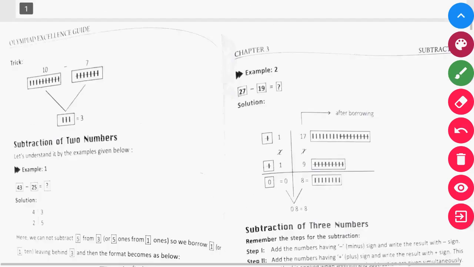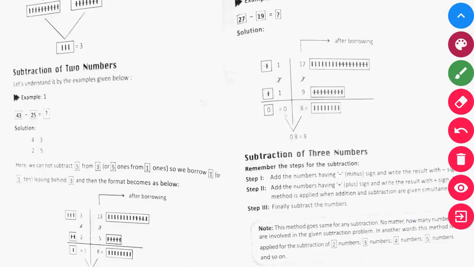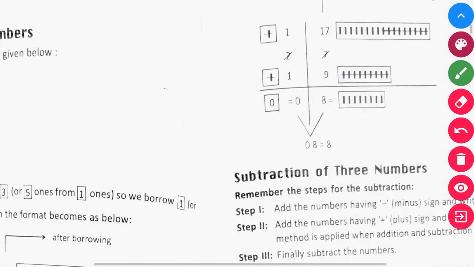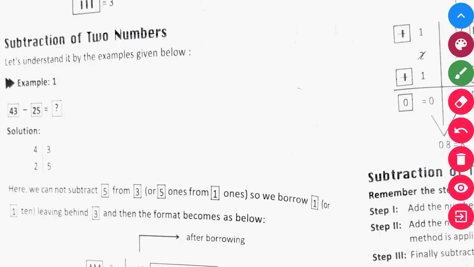But when the number is 2 digit, then what should we do? As in the addition, we had seen that if we are going to add two numbers, we draw the bar lines for the unit digit at the right side of that number, and for the tens place number we draw the lines at the left side of that number.